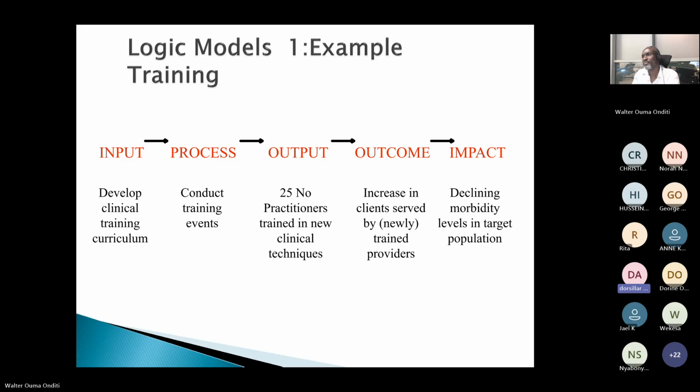On the output, a population of 30 students were trained on how to guide and counsel fellow students and became peer counselors. The outcome was that there were reduced cases of the disciplinary committee meetings every week, and the final impact is that we've had a decline in disciplinary issues in our school among the boys.